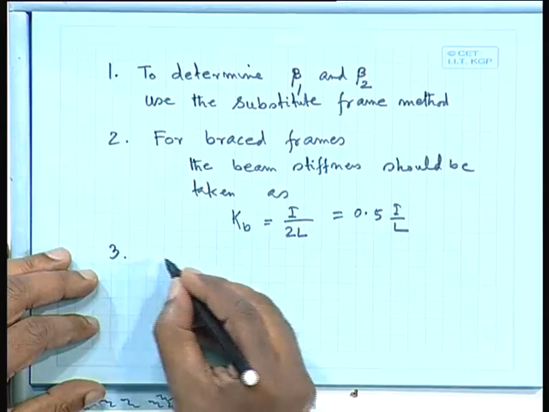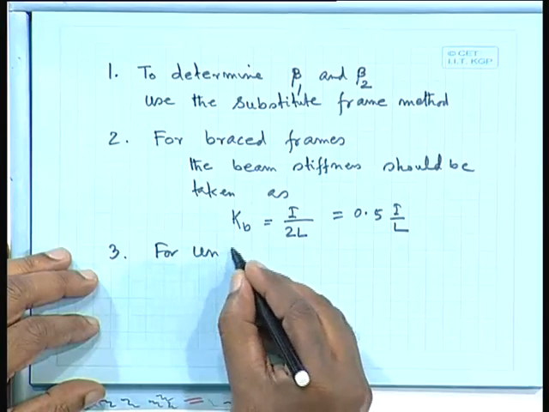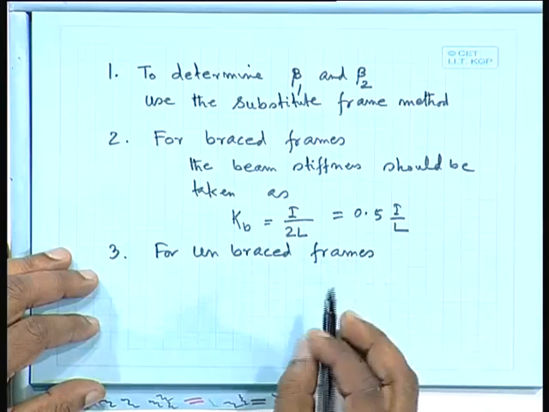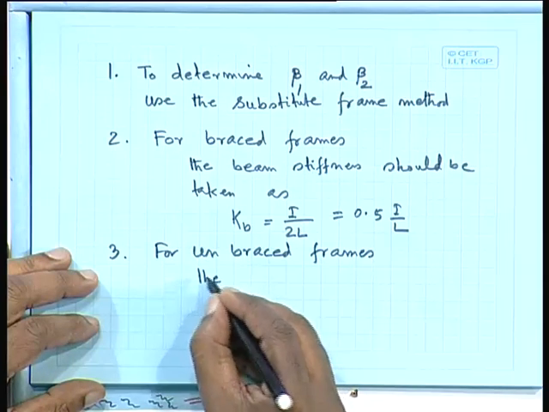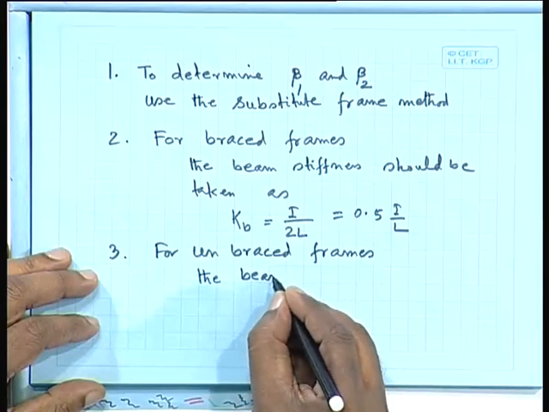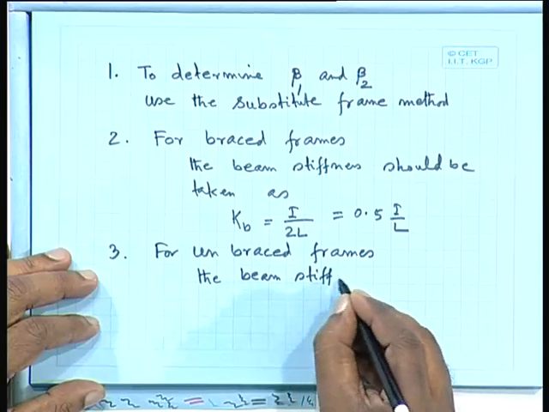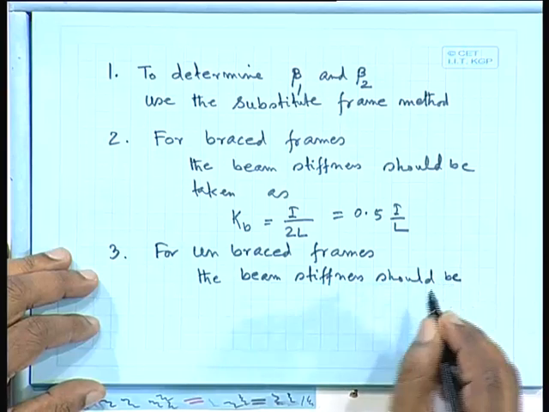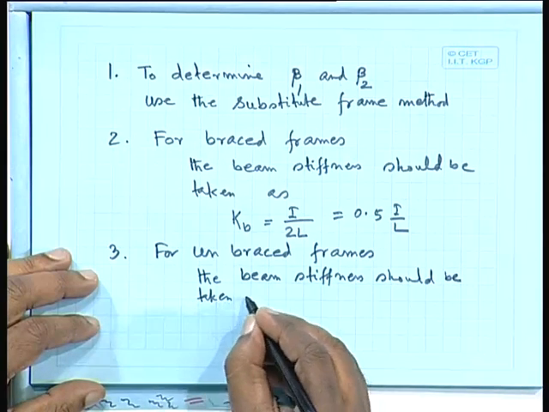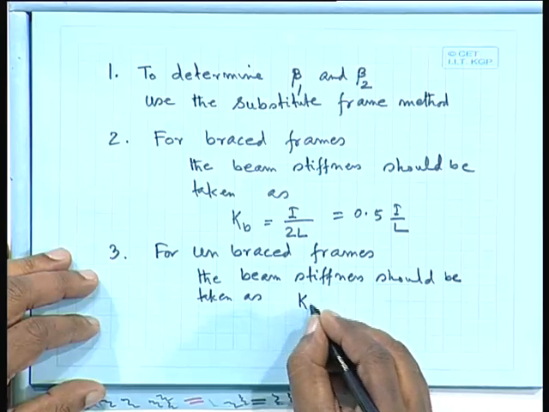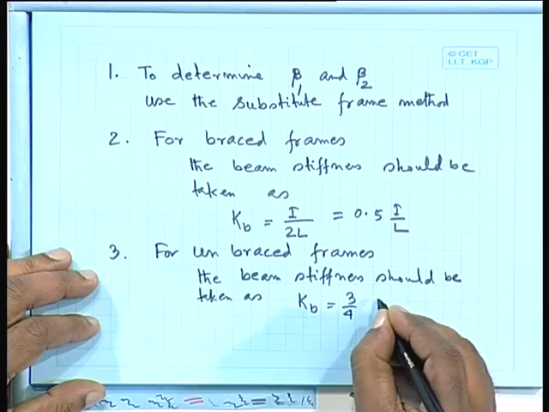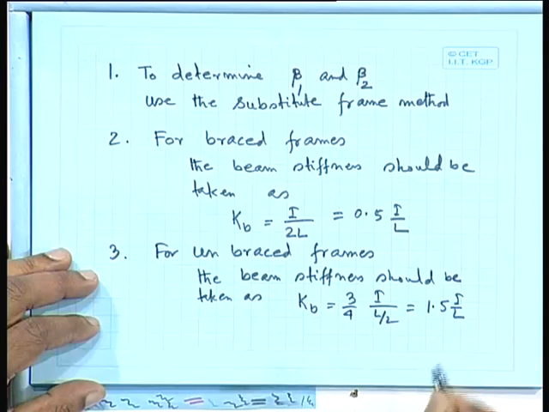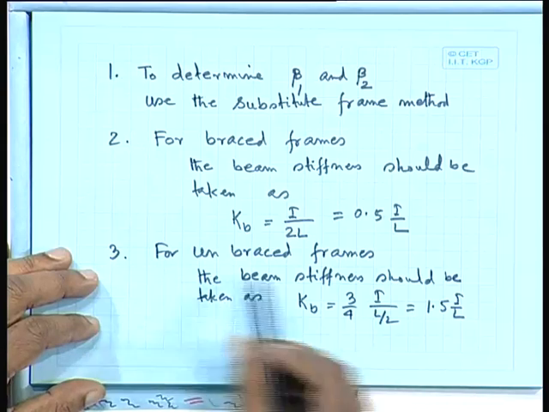Number 3, for unbraced frames, the beam stiffness should be taken as KB equal to 3 by 4 I by L by 2, equal to 1.5 I by L. So this is the case we take.